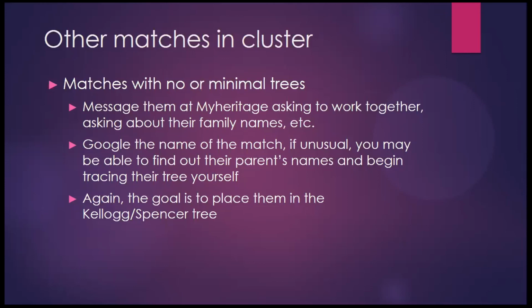And again, you're not going to be bothering them. You're just going to try to figure out who they are so you can trace their tree yourself and figure out the connection yourself. And the goal is eventually to place all of these people on my Kellogg and Spencer tree that I made, right?